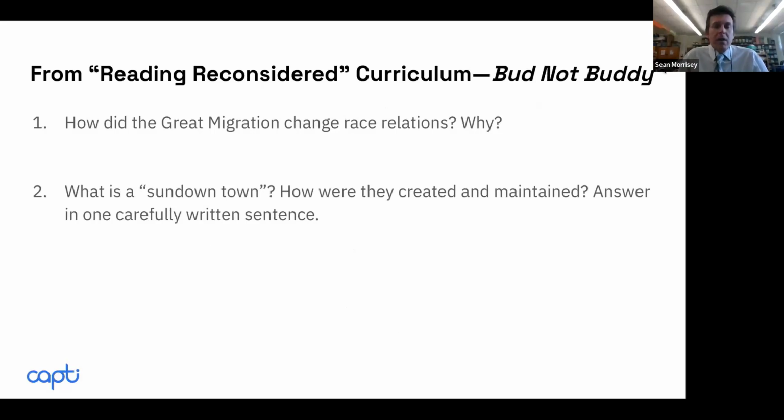One of the curriculums that I use in my classroom, I use novel units from the Reading Reconsidered curriculum. The novel that I use in 5th grade is Bud, Not Buddy. It's an amazing book. One of the questions in one of the units is, how did the Great Migration change race relations, and why?